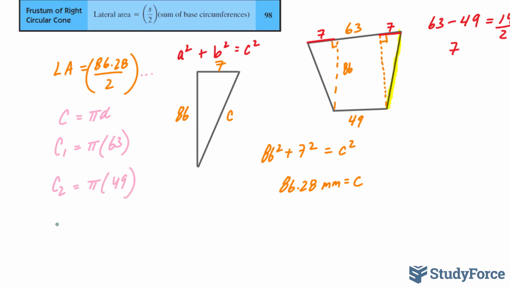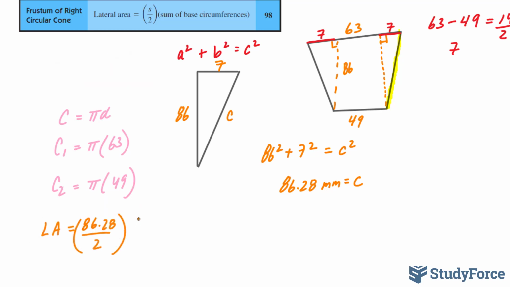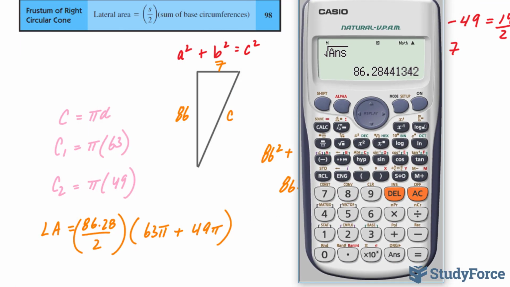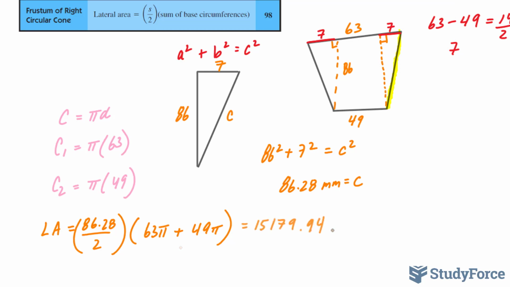Our formula becomes this part times 63 pi plus 49 pi. Remember, it's the sum of the circumferences. Using our calculator, this number divided by 2 times 63 pi plus 49 pi gives us 15,179 millimeters squared. Now, given that it is area, we usually will square the unit. This is our lateral area.